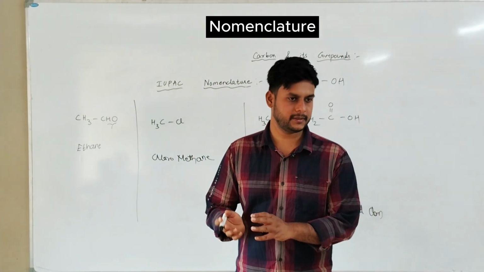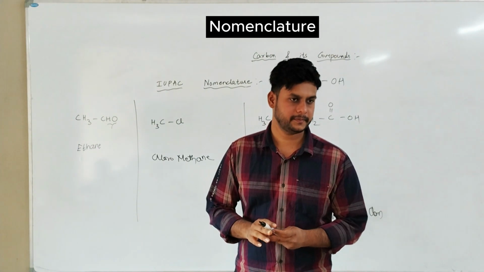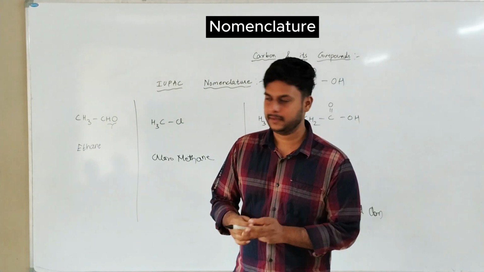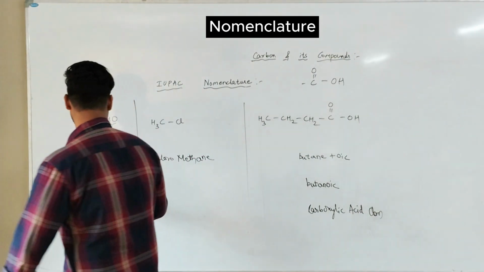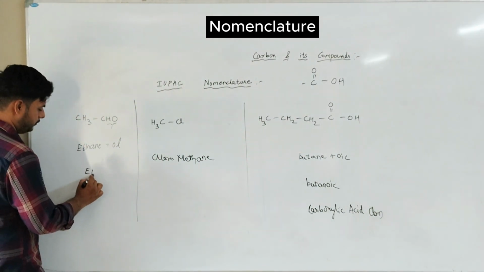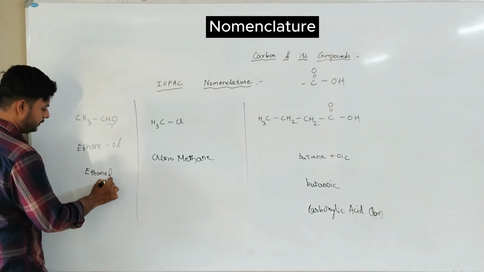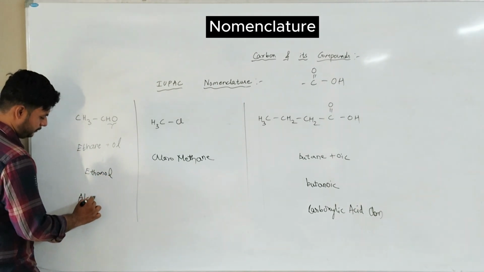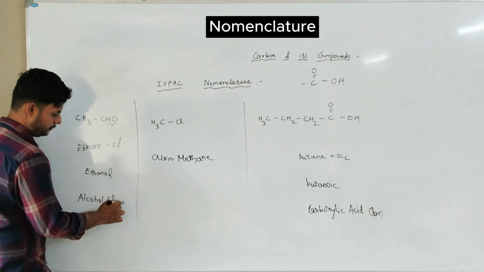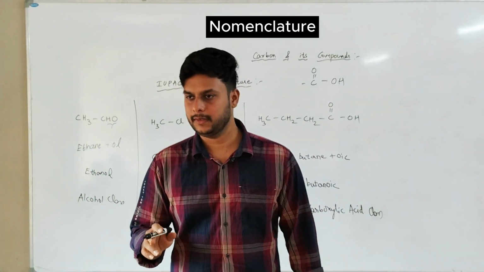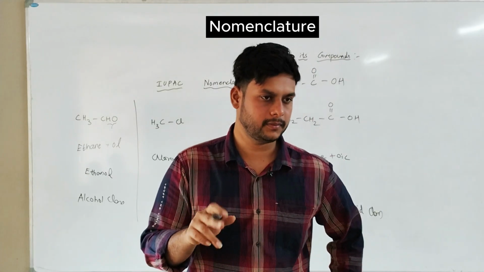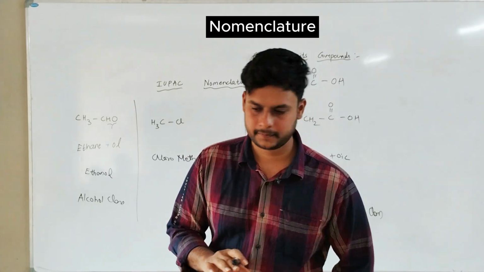HO means also the same as OH. OH means also HO. Understood? So it is plus OL. So the name is ethanol. Class: alcohol. OH can be written as OH or HO. Both are the same. Alcohol. Okay, next.